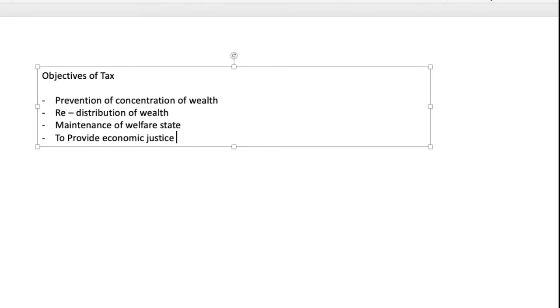So to avoid concentration of wealth, the government levies tax, and tax evasion is a crime also.